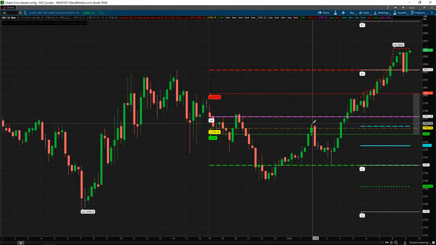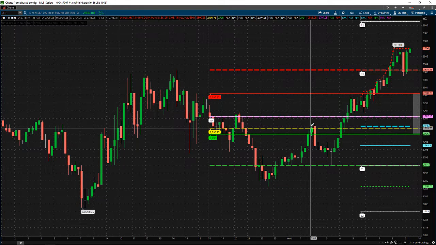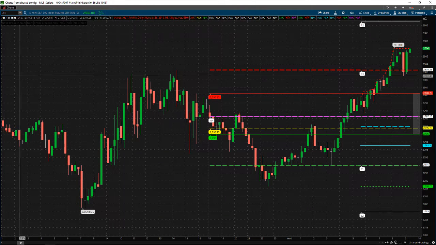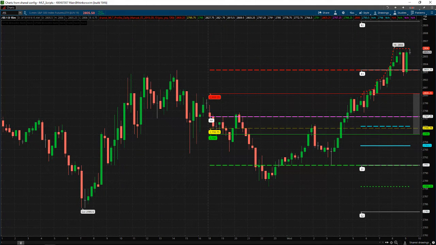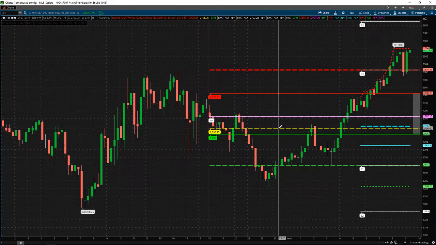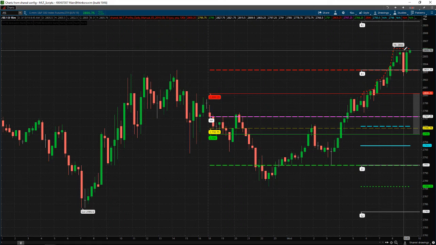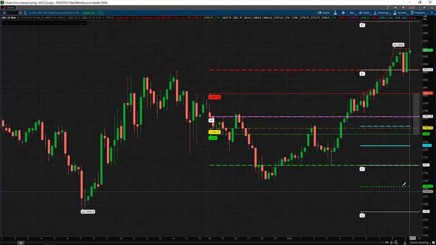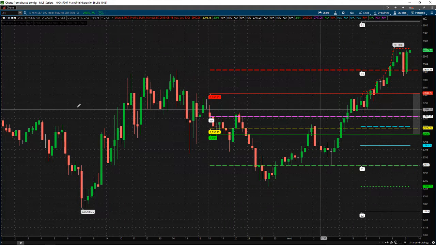Point of control 2795.75, and the European close 2796. Volume on the session 1,132,000 contracts. Overnight high 2802.50. It's now 2806. Overnight low 2788.25.